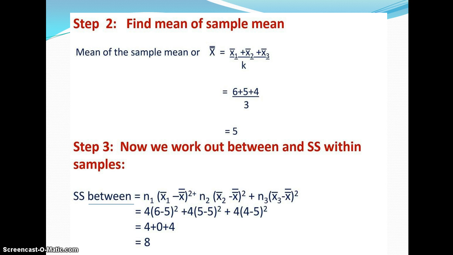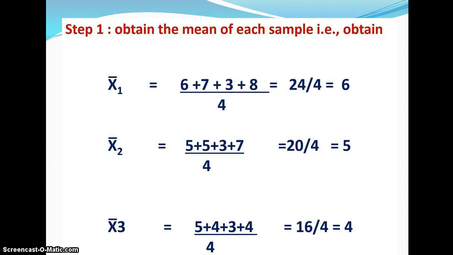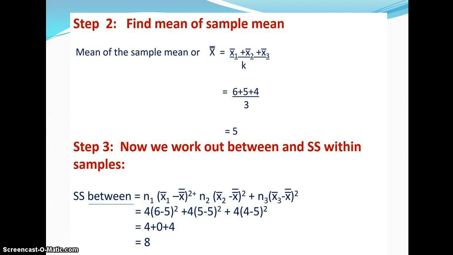By using this formula, x double bar is 6 plus 5 plus 4 divided by 3 varieties. 6, 5 and 4 are the first, second and third averages, and there are 3 varieties, that's why here using 3.